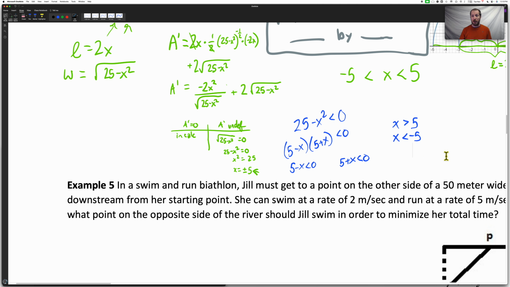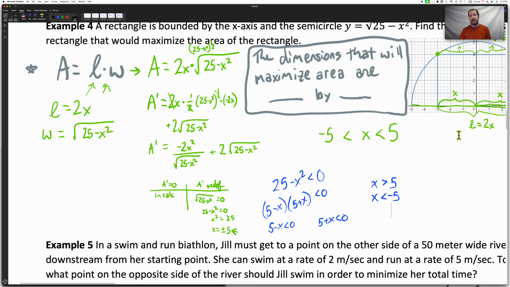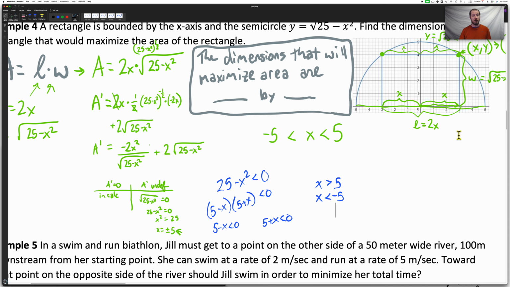If we look back at our graph, the original function itself isn't defined for those values, so it makes sense that the derivative is not defined. If any of these values were in our range, we would want to take that into account. They're not, so that doesn't add anything to our final answer.